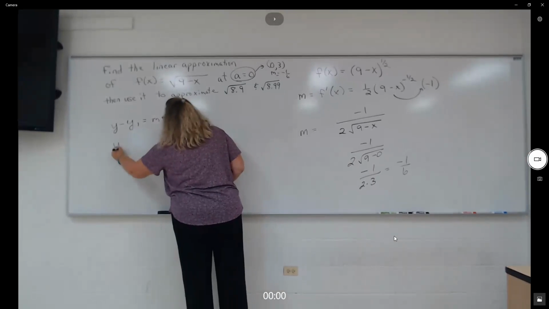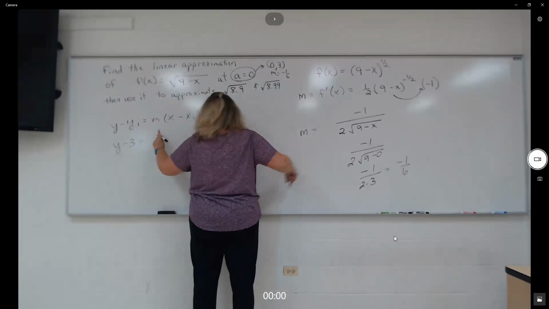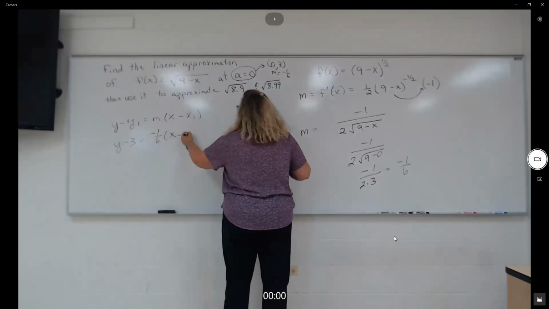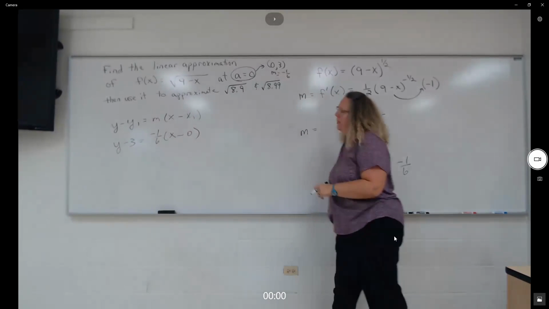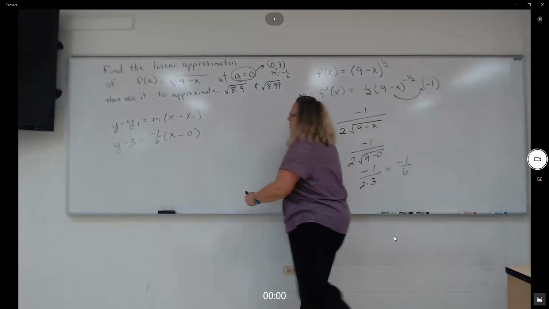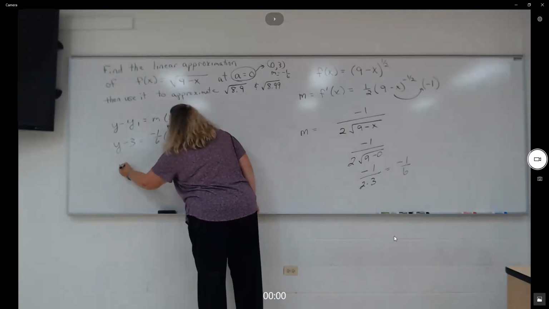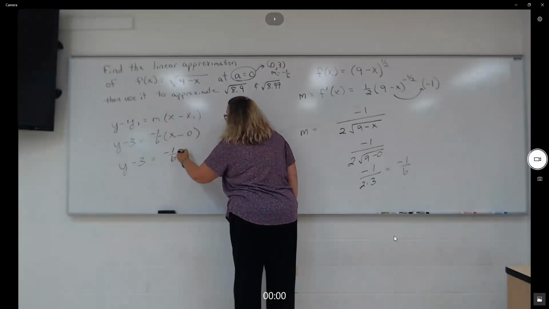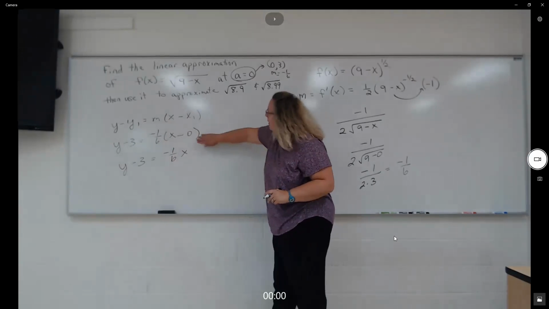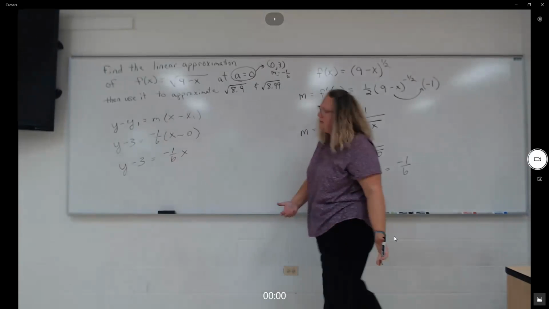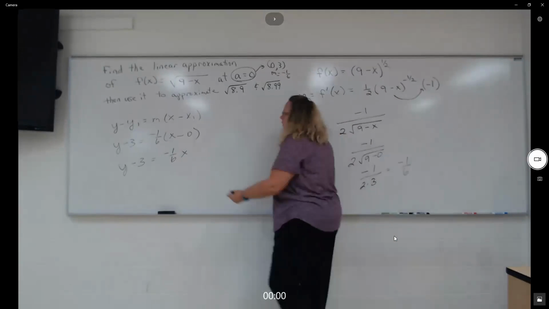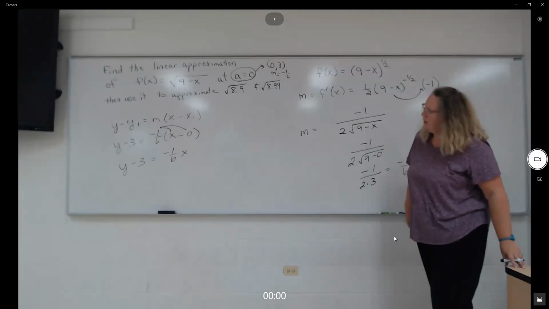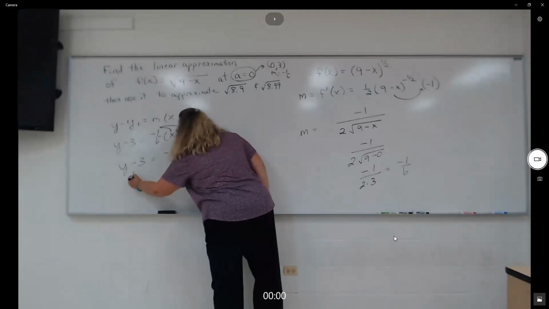So y minus 3 equals -1/6 times x minus 0. We don't need the minus 0, because subtracting 0 doesn't change anything, so we really just have -1/6 x. If we don't have the minus 0, then we don't really need the parentheses. If you want to think of it as distributing, you can, because -1/6 times 0 is still 0. And then add 3.